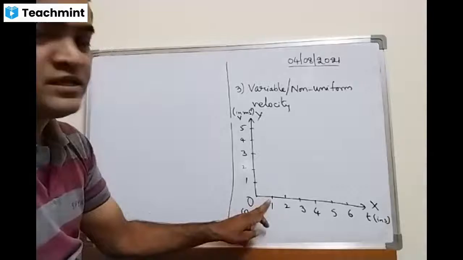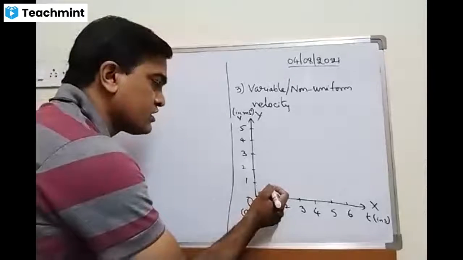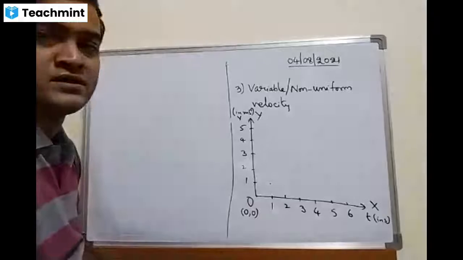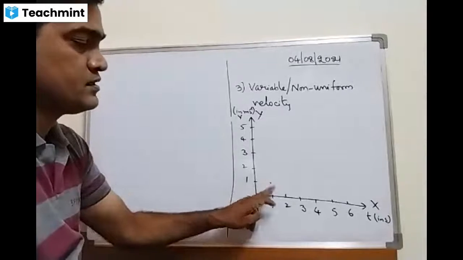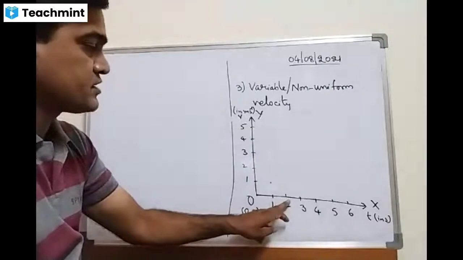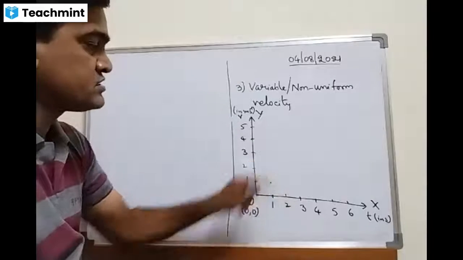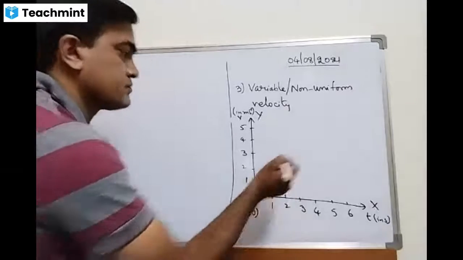And for time t is equal to 1 second, if the velocity of the particle is 1 meter per second, then I'll get the point somewhere here. For time t is equal to 2 seconds, if I get the velocity of the particle as 3 meter per second, then I'll put here.